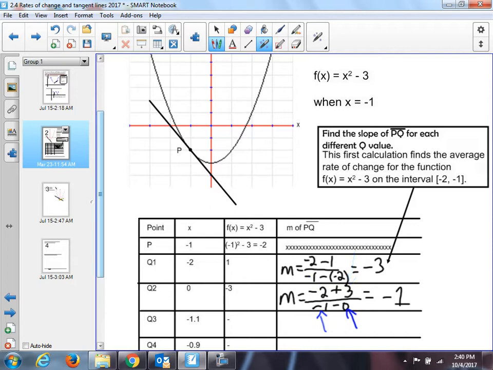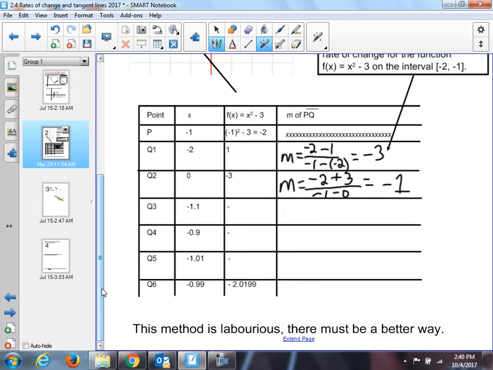You guys have calculators. I'll get you to do these. Whether you want to take the time to put this equation into your calculator, I'd suggest it as y1, x squared minus 3. Come up with your y values that correspond here and so on, and then use your calculator to come up with your slope.